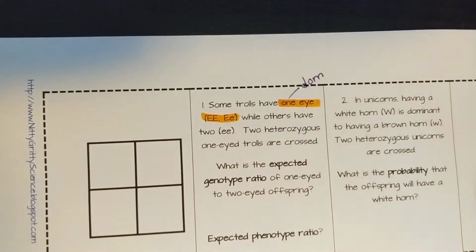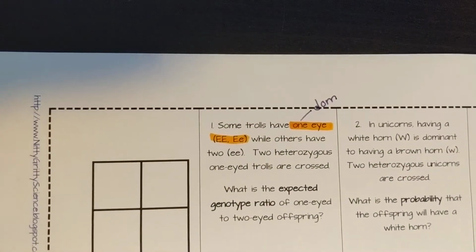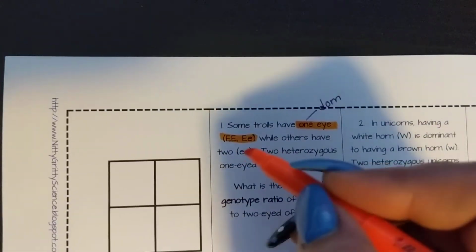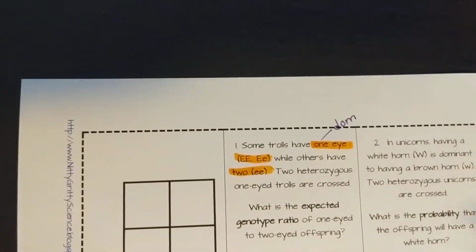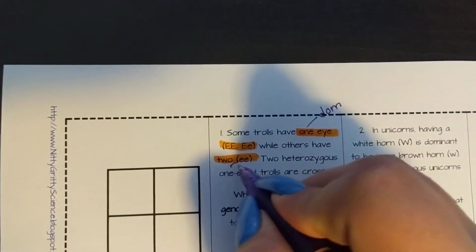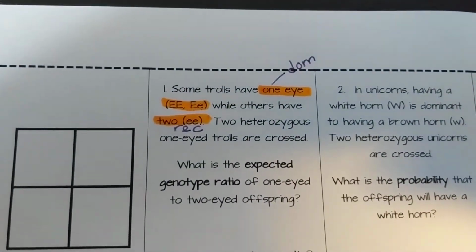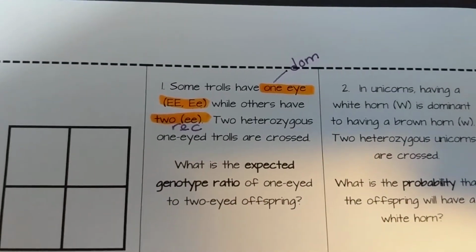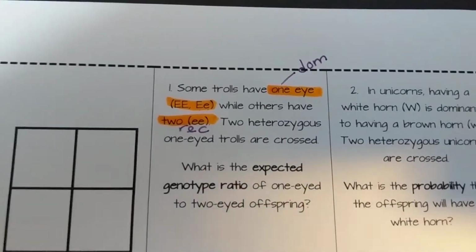So I'm just going to write dominant off to the side. Now I also see that two lowercase e's are recessive. Remember, anytime a recessive trait is expressed, it must mean that the genotype has both lowercase letters.